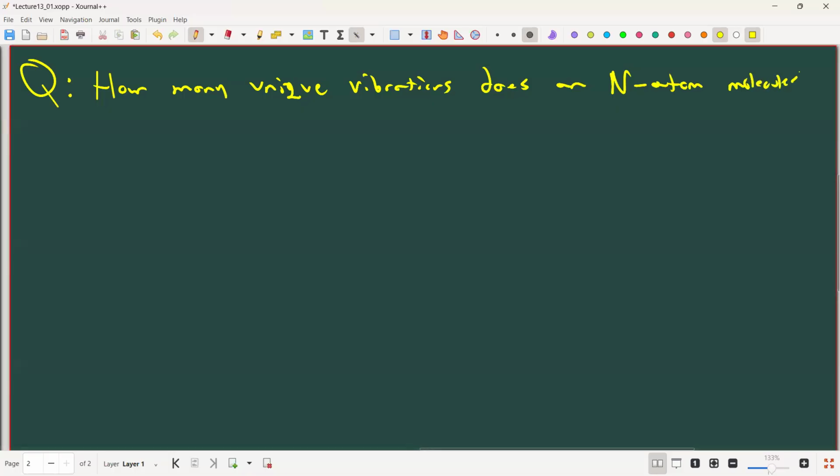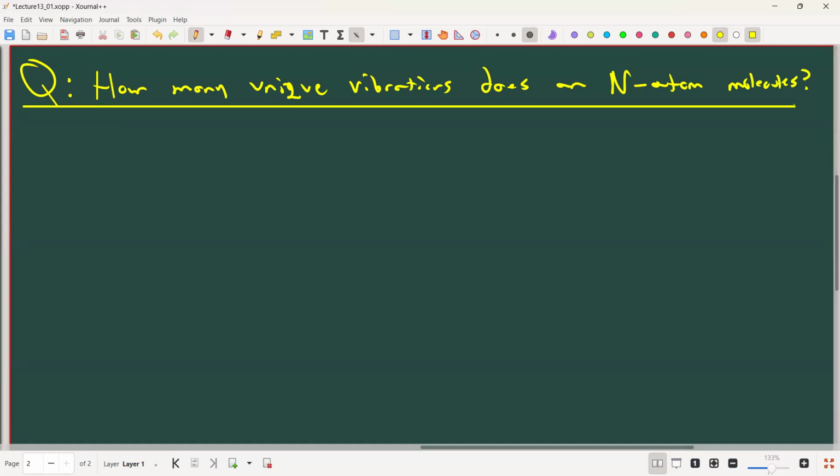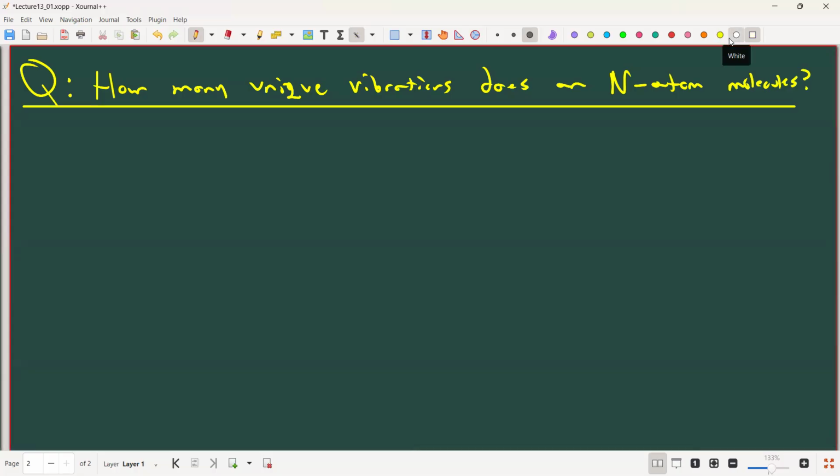All right, and I actually answered this question for you, and we talked about the flies and the elephants. We can use the Born-Oppenheimer approximation to break down all the possible ways molecules can move. And we came up with a nice formula, and we're going to look at this formula a little more carefully today.